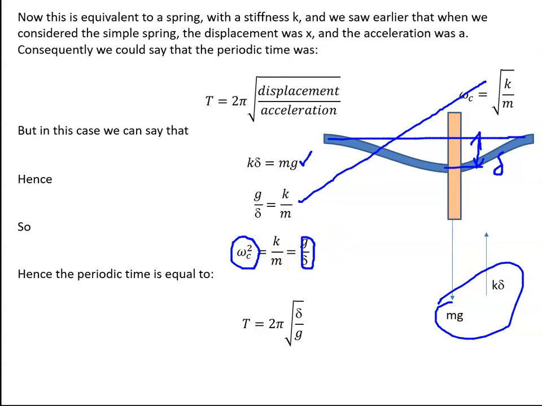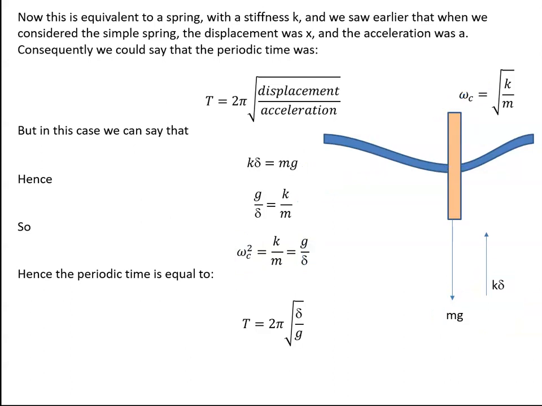If we want to get that in a time period, well, from simple harmonic motion, the periodic time is 2 pi times the square root of the displacement over the acceleration. The displacement is this deflection d, and the acceleration is the acceleration due to gravity.